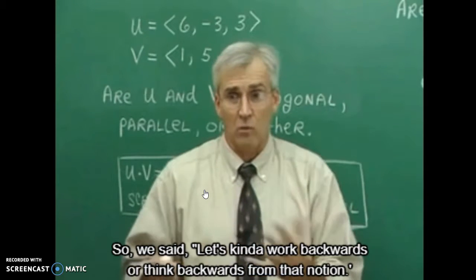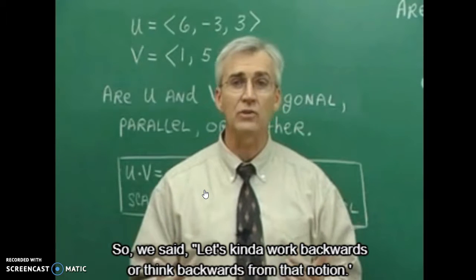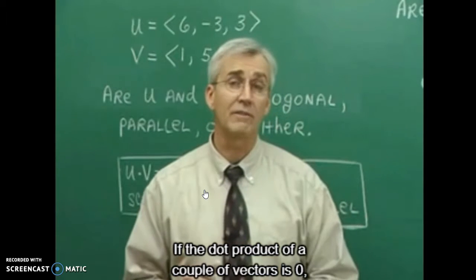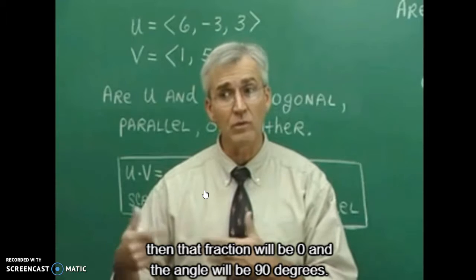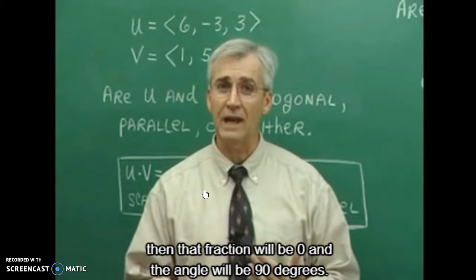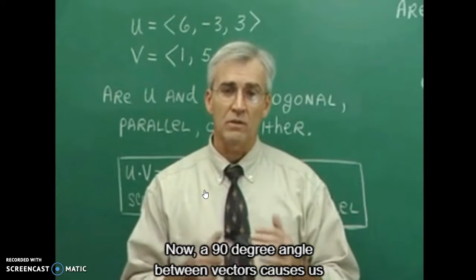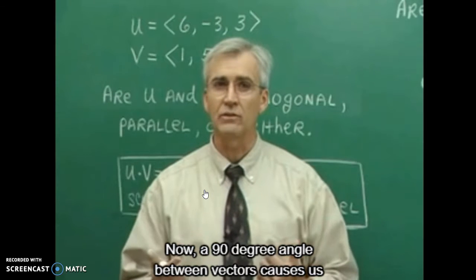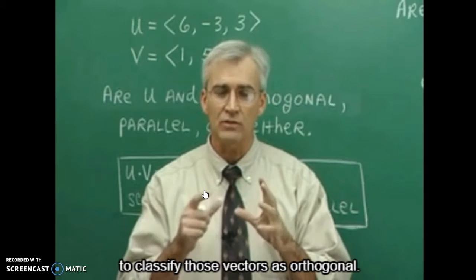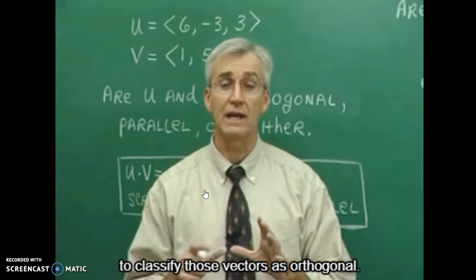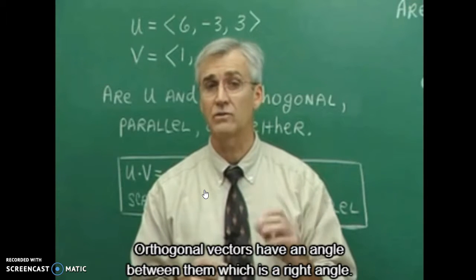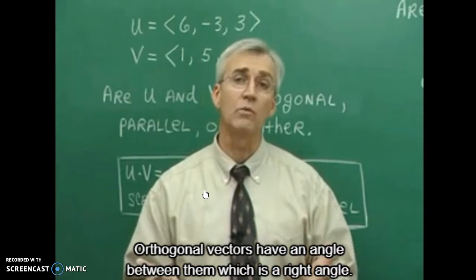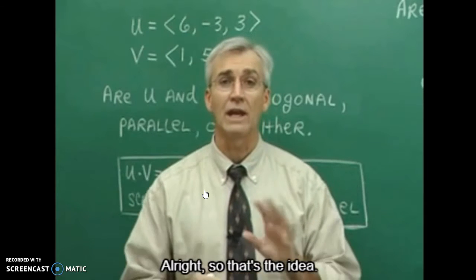So we said, let's think backwards from that notion. If the dot product of a couple of vectors is 0, then that fraction will be 0, and the angle will be 90 degrees. Now, a 90-degree angle between vectors caused us to classify those vectors as orthogonal. Orthogonal vectors have an angle between them which is a right angle. All right, so that's the idea.